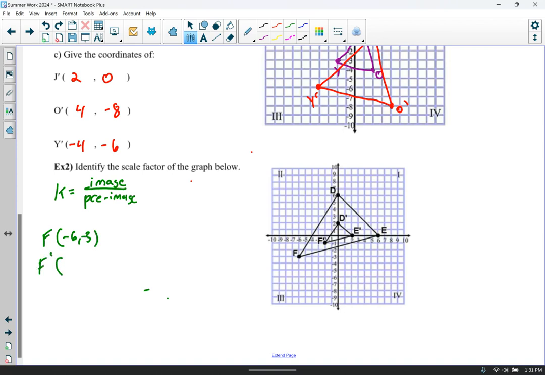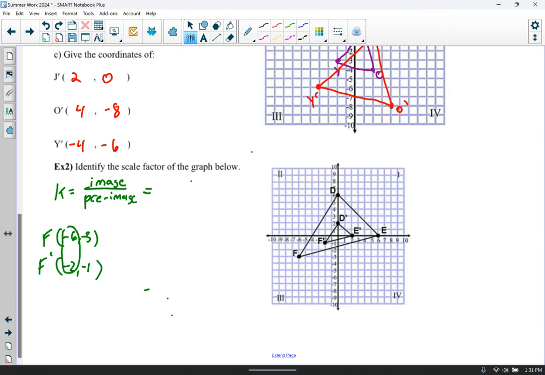F prime, (-2, -1). And I'm just going to use one of those coordinates, either the X or the Y, to determine that scale factor to make that ratio. Now, if I had chosen points D or E, where one of the coordinates was 0 for both, then that would make the decision for me. I would use the non-zero coordinate. But here, I'm just going to use the X coordinate.